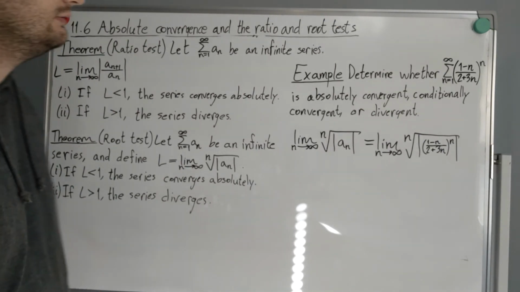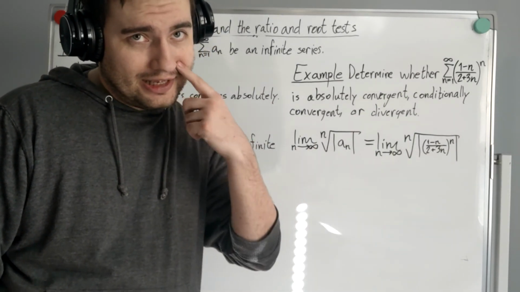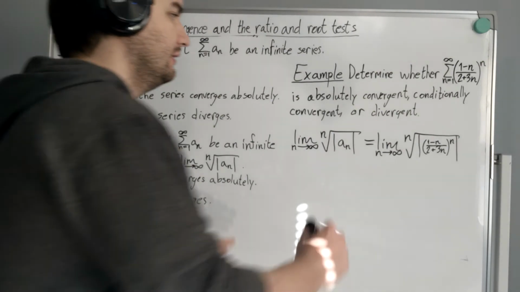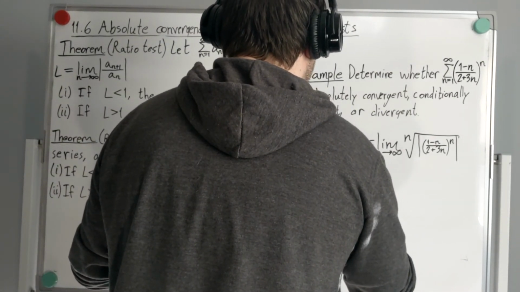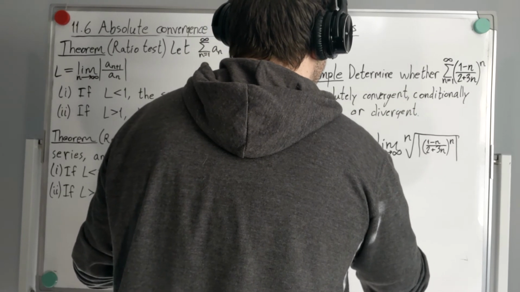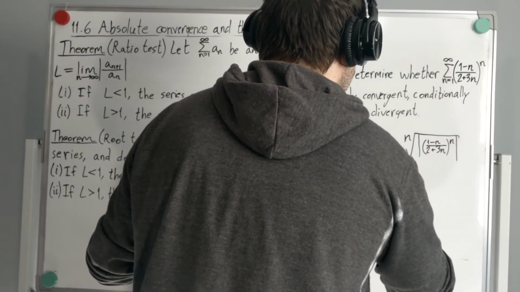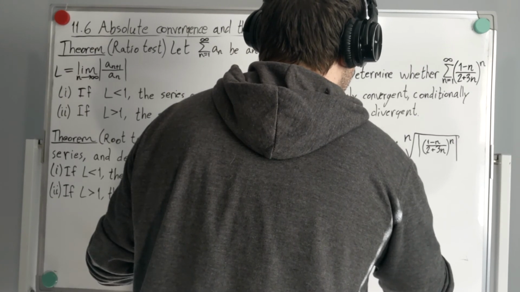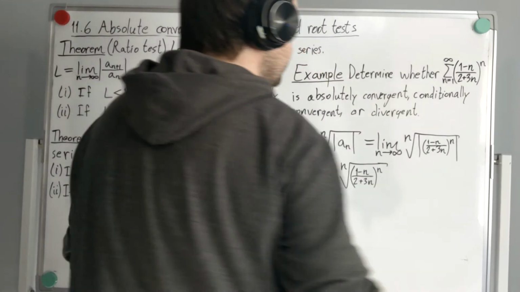Now, everything here is non-negative, so you don't really need that absolute value, right? So this is the same thing as just the limit as n approaches infinity of the nth root of (1 minus n divided by 2 plus 3n) raised to the nth power.